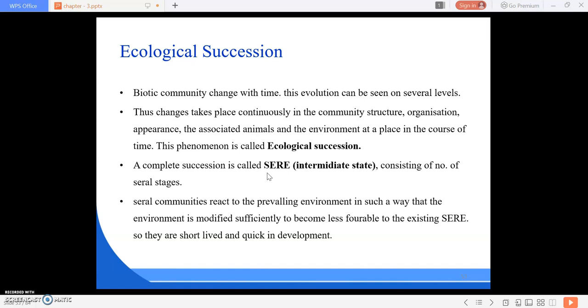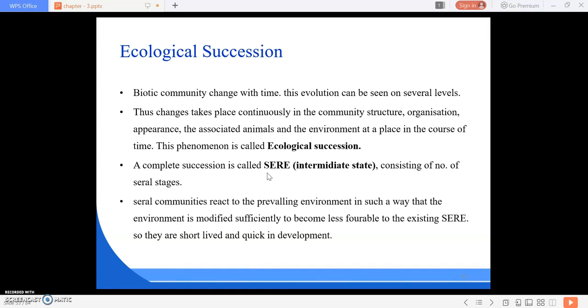The rate of successional change is rapid initially and gradually slows until a point of dynamic equilibrium is reached, and the community is more or less stable.